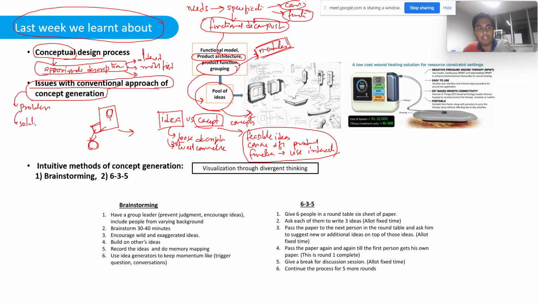The problem with this conventional approach is, first of all, that we end up having a limited number of ideas, and then also there can be bias, because of bias of disciplines.